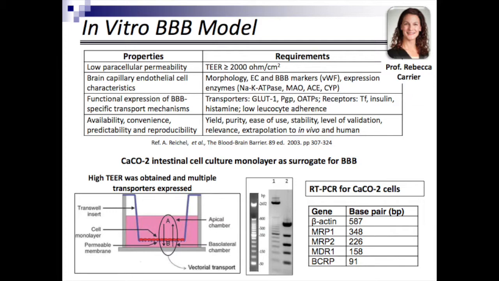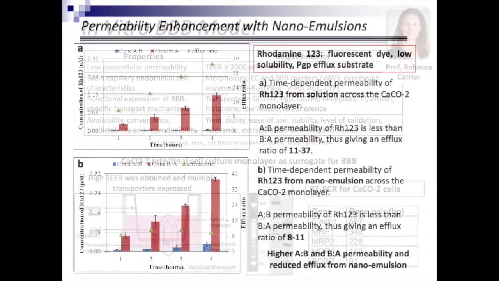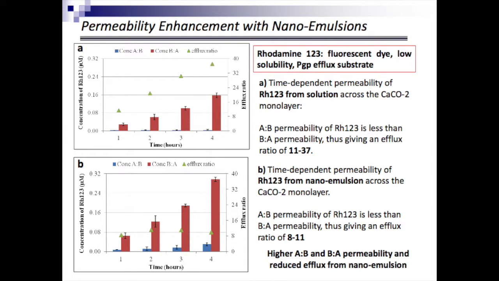For these studies, we use a model system. We use rhodamine 123, which is a fluorescent dye, but it's also well known to be a transport substrate for P-glycoprotein, which is a protein expressed by the MDR1 gene. And so in the next slide, you see the permeability changes that occur when you put rhodamine 123 in aqueous solution or in our nanoemulsion.